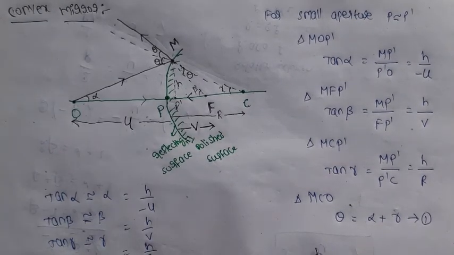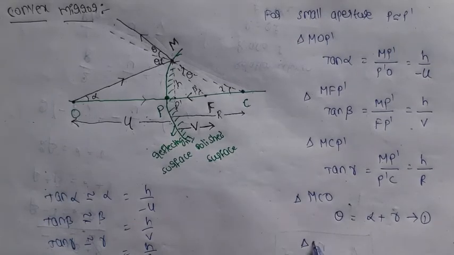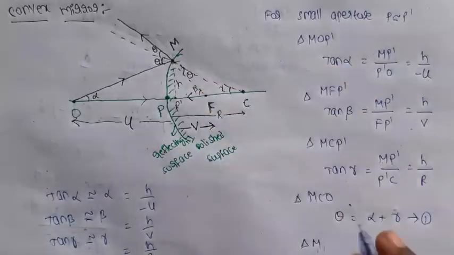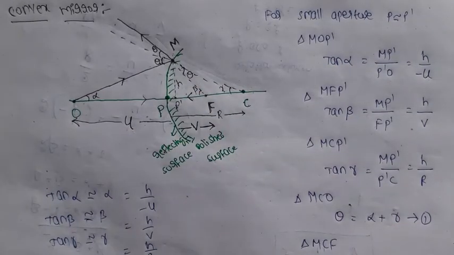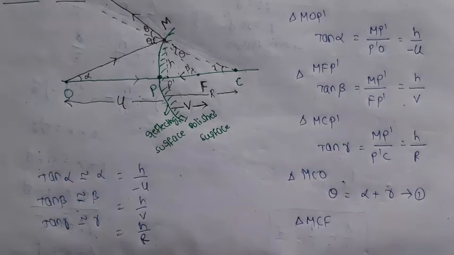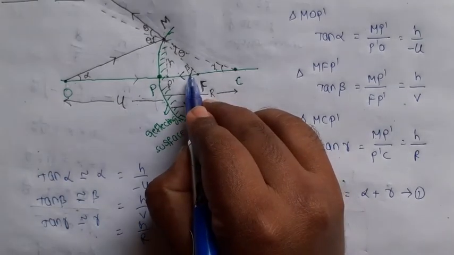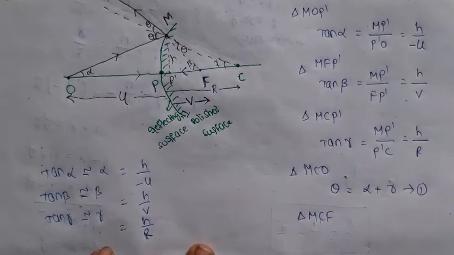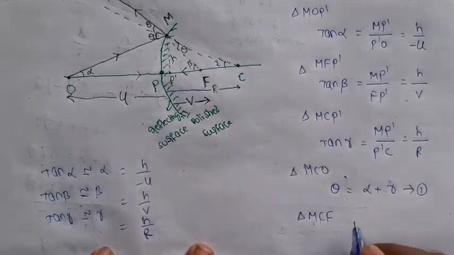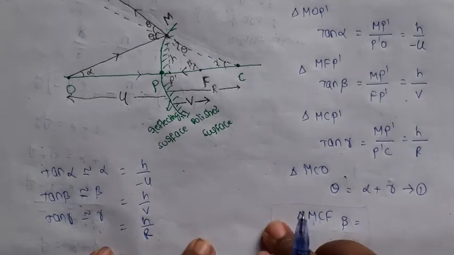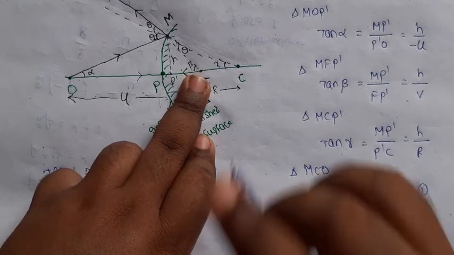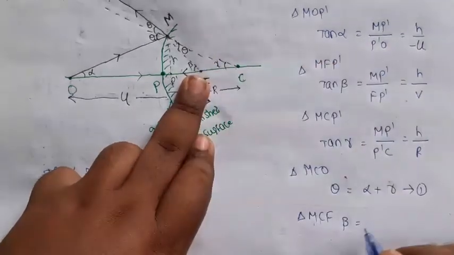Next I am taking the triangle M C F. According to triangle M C F, the outside angle is beta, which is equal to the sum of the inside angles, gamma plus theta.